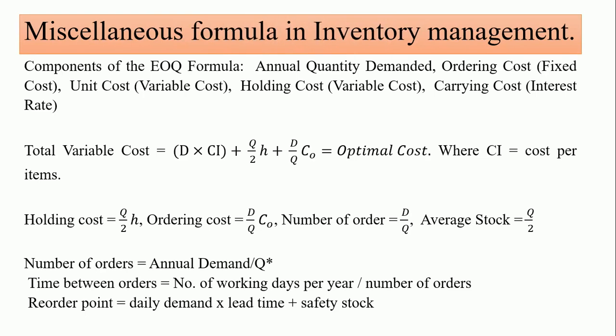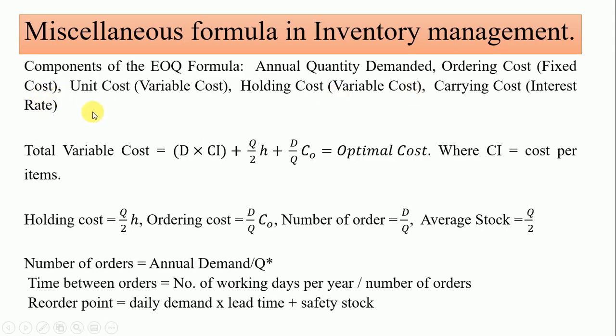Some formulas that could be of interest to you are total variable cost, which equals demand times CI plus Q over 2 H plus D over Q C naught. In some cases where you need to compute the total variable cost and you have the demand, the ordering cost, the EOQ already given in the question, and the cost per item, you can easily use this formula.